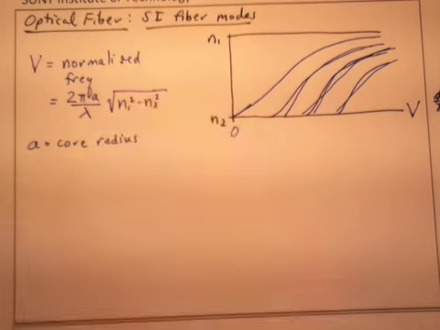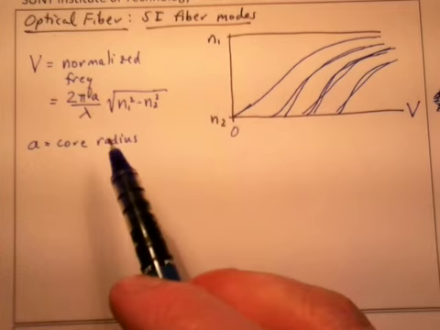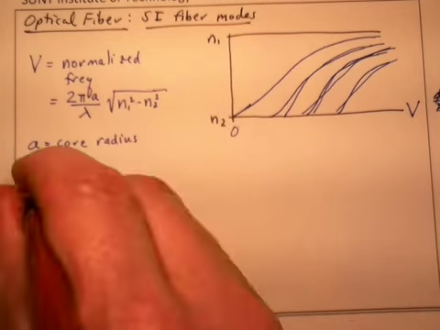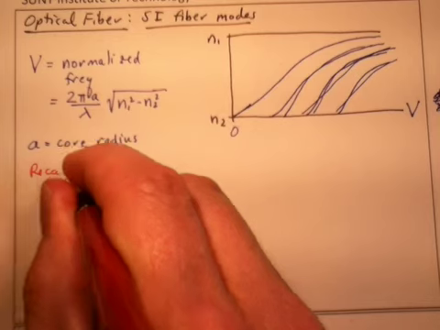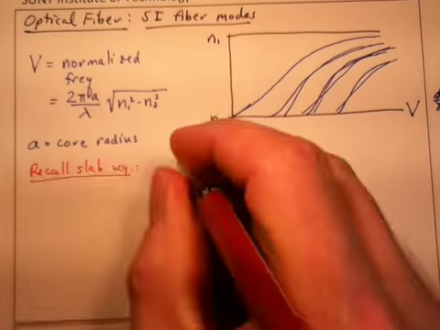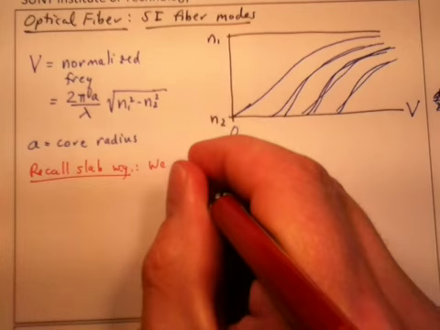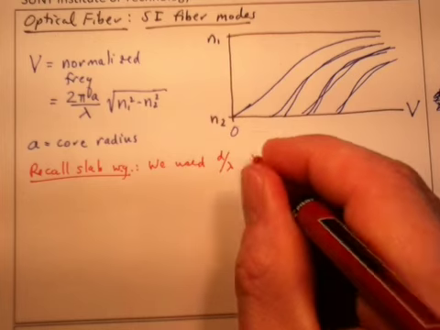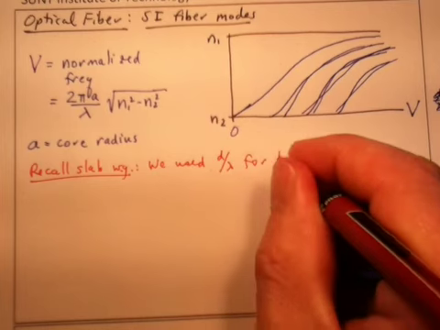Okay, and so you can see that V is a lot like our slab. Recall from the slab waveguide that we used d by lambda for the horizontal axis.